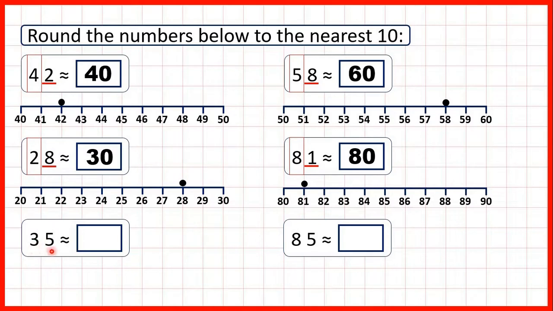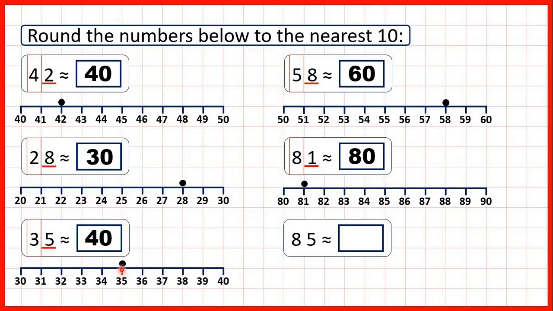Now 35, so we circle our tens and underline our ones. Now, because when we have 5 or more, we round up, this 3 is going to become a 4, so we get 40. Now 35 is between 30 and 40, and 35 is exactly halfway between those multiples of 10, so it's right in the middle.